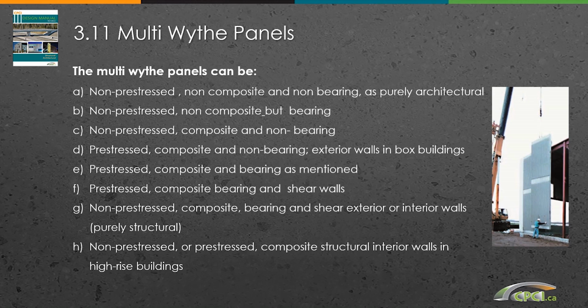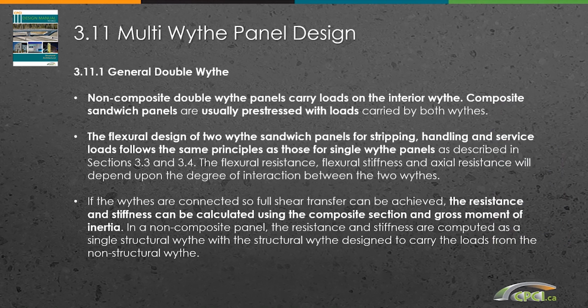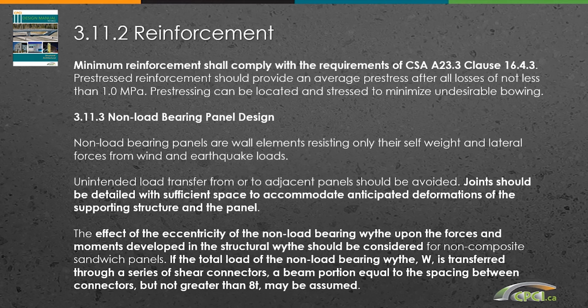Also pre-stressed composite and bearing, as mentioned, and sometimes we use them as shear walls in high-rise buildings. So it can be bearing, can be shear, can be non-bearing and shear. There are so many different varieties of them, and so many different uses, and now it's even being used as interior shear wall and exterior shear wall in a high-rise building.